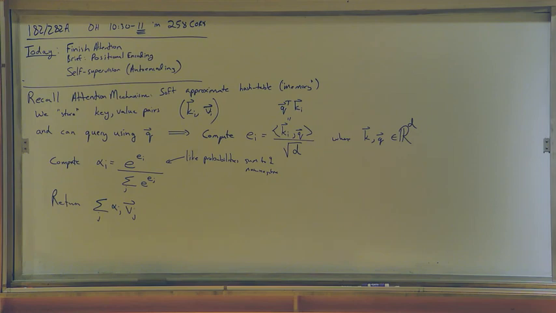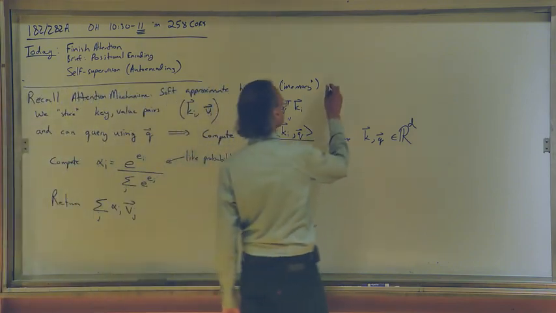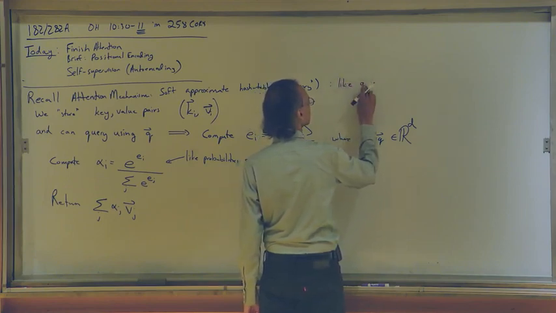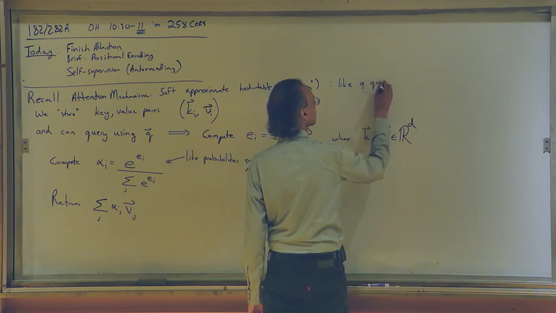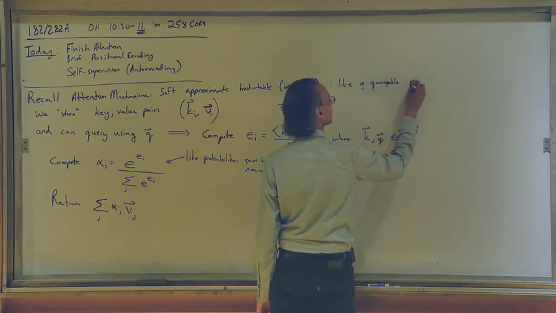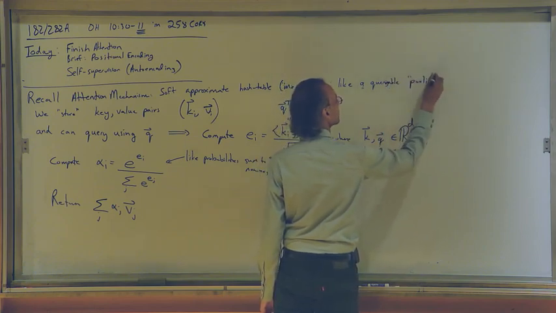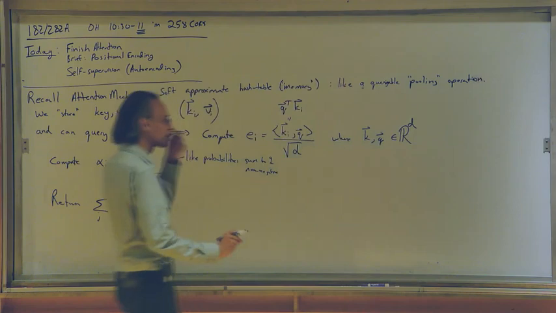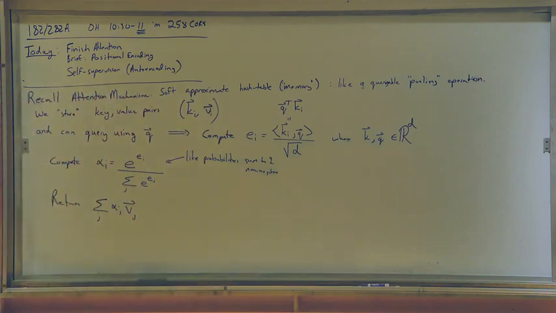You can think of it as a queryable pooling operation where it looks at all these key value pairs, you insert a query, and out pops something which is kind of like a pooling, right?